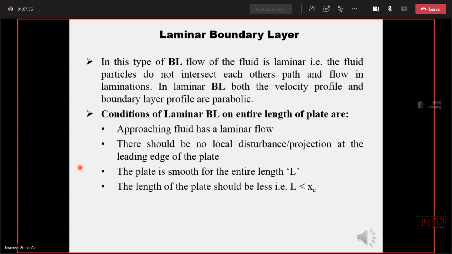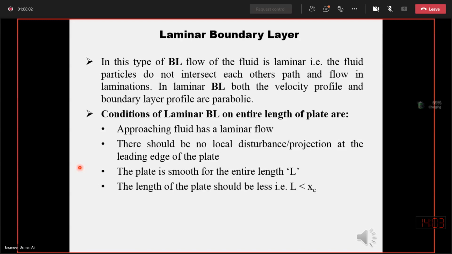One is that there should be no roughness at the leading edge, and the other is that there should be no roughness over the whole length of the plate. So roughness will change the laminar boundary layer to turbulent boundary layer. So to have the laminar boundary layer on the entire length, we should have a smooth flat plate throughout the length, not a plate having roughness.